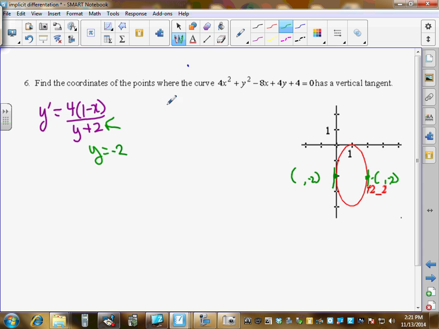Okay, we need to find out what that is. All right, so first of all, let's take our equation again. This time we're going to plug in -2 for y.